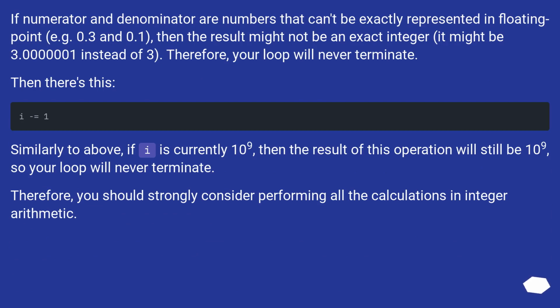Therefore, your loop will never terminate. Then there's this. Similarly to above, if I is currently 10^9, then the result of this operation will still be 10^9, so your loop will never terminate. Therefore, you should strongly consider performing all the calculations in integer arithmetic.